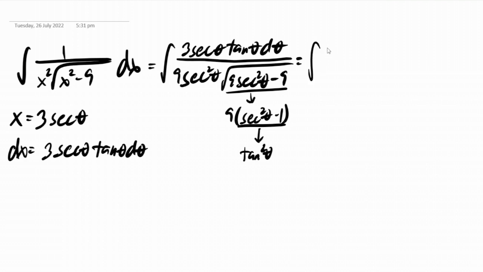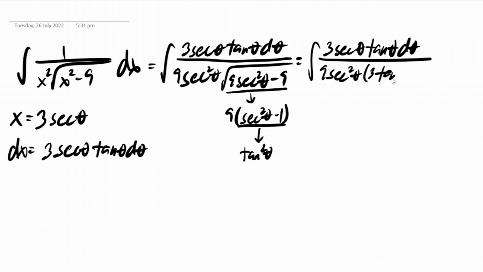So the integral of 3 secant theta tangent theta d theta all over 9 secant squared theta multiplied by 3 tangent theta.